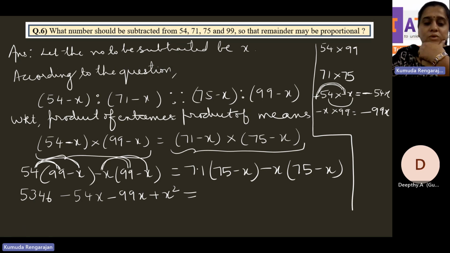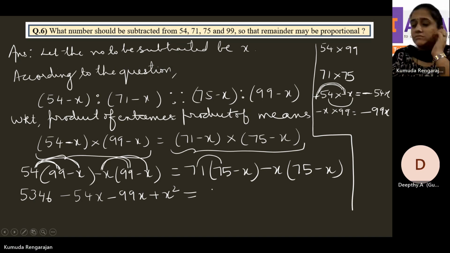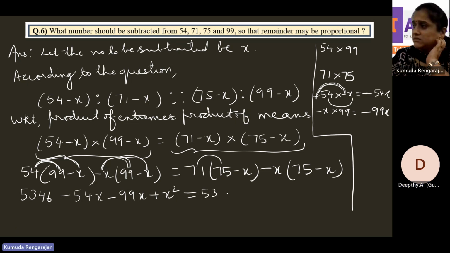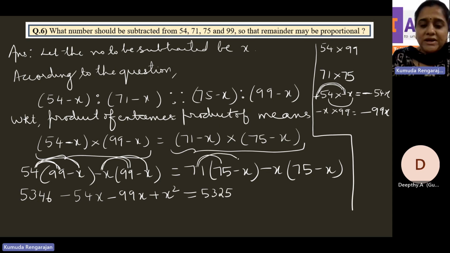Again, equal to, what's the product? 71 into 75? Ma'am, it's 5,325. Okay. Now what is 71 into minus x?